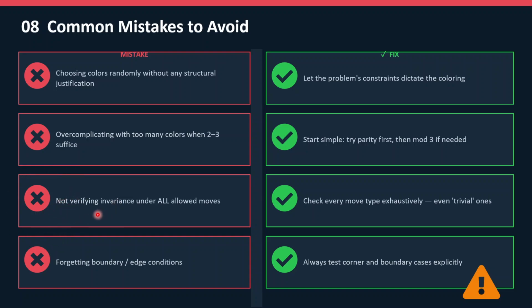Another mistake is not verifying invariance under all allowed moves. This is a basic thing: we should always look at invariance in almost all chapters of IMO. And forgetting boundary or edge conditions means you're breaking the rules of the question.